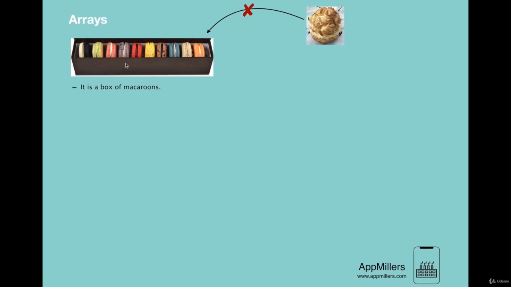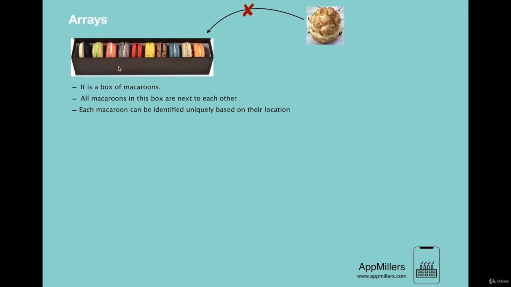The next property is that all macarons in this box are next to each other. There is no gap between them, which means that they are contiguous. The next property is that each macaron here can be identified uniquely based on its location.